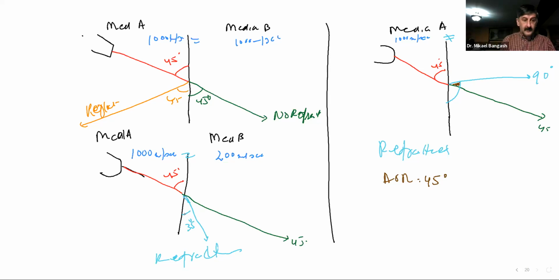So in this case, the angle by which it refracted off is just going to be 10 degrees. Did you guys get that?